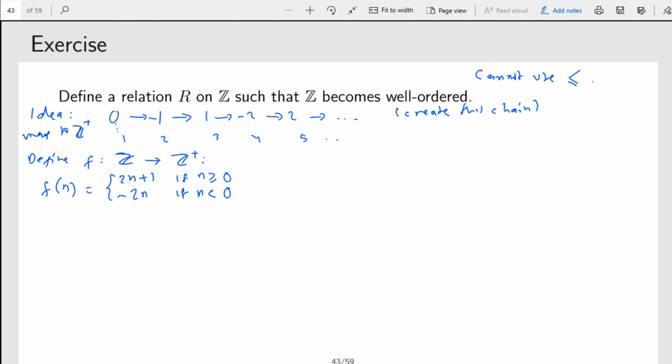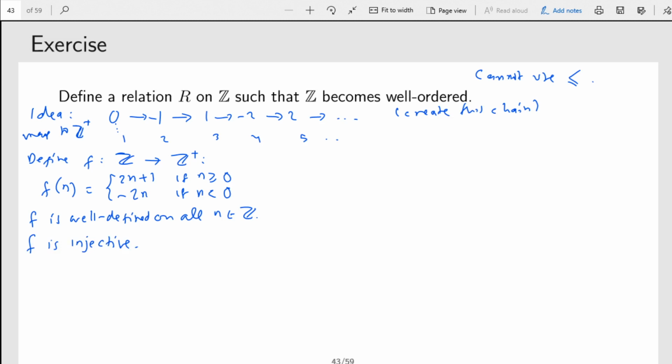So first of all, let's have a look at this function. f is well defined on all integers n, clearly, meaning that for an integer n you don't have two different values of f. And of course f is injective.